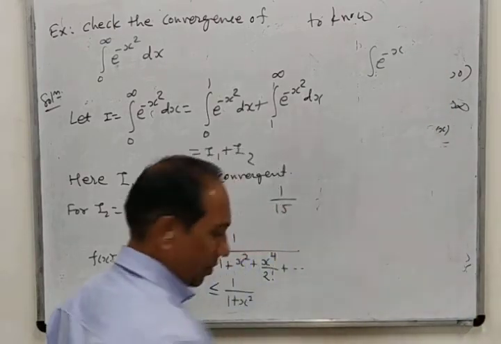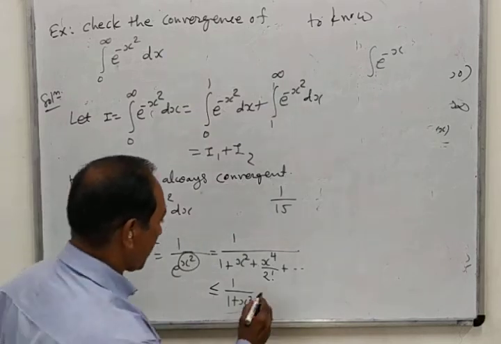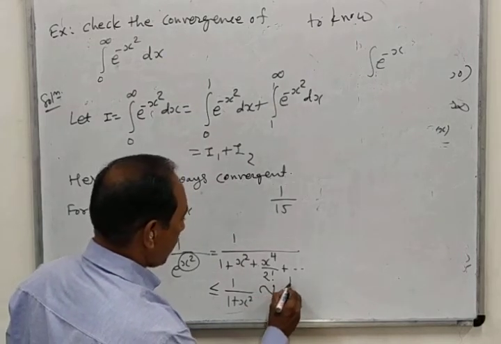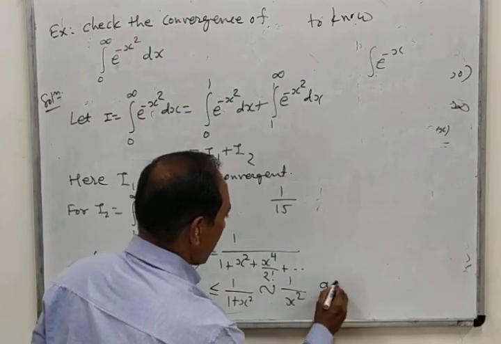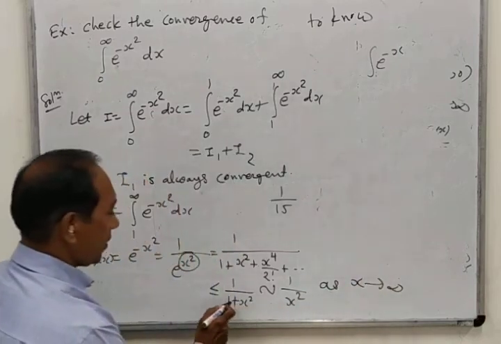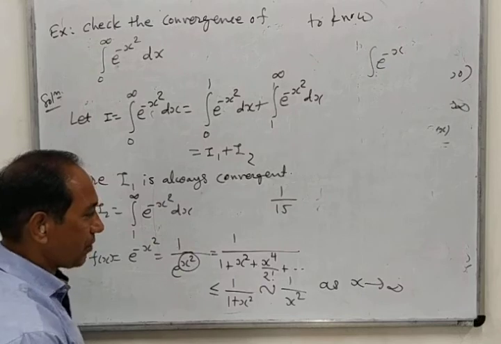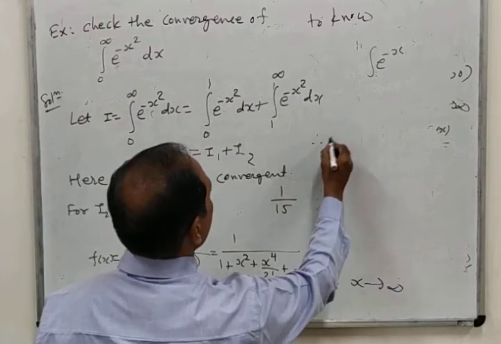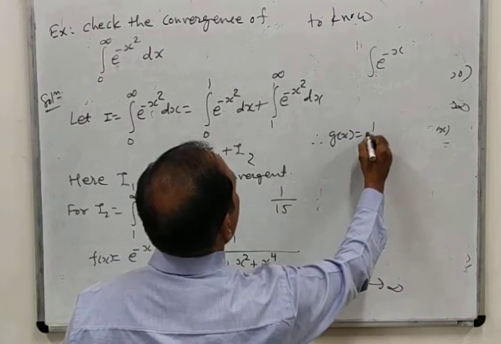And one more thing: again here we want to simplify this, to make use of the p integral. This is equivalent to 1 upon x square as x tends to infinity, since 1 has no effect near infinity. Therefore g of x equals 1 upon x square.